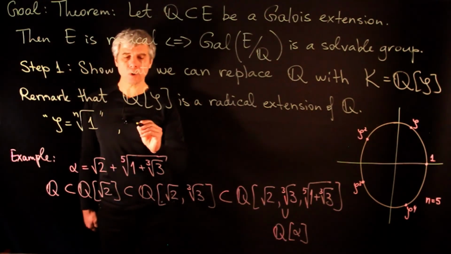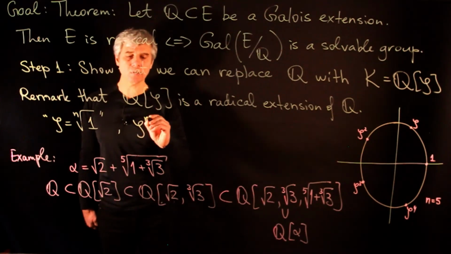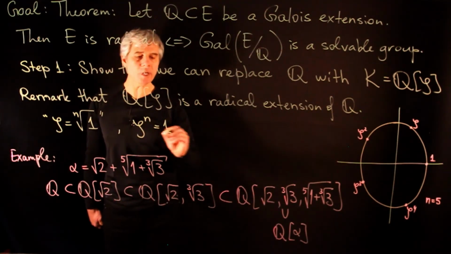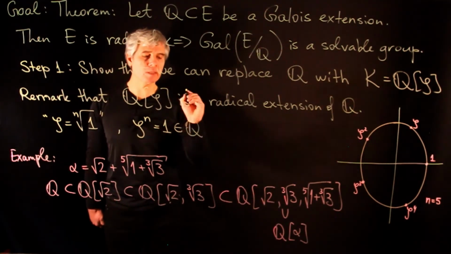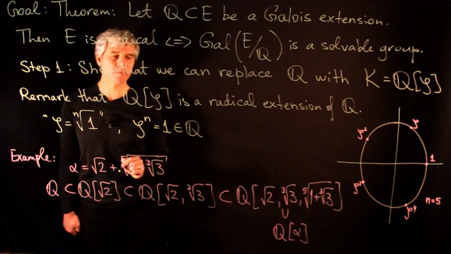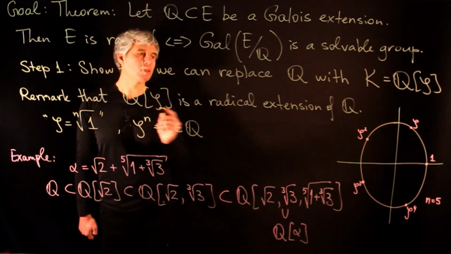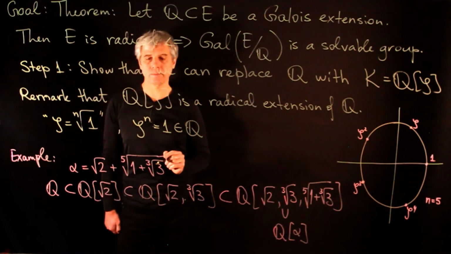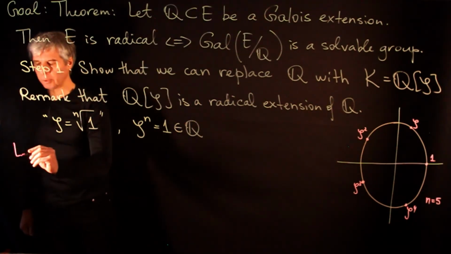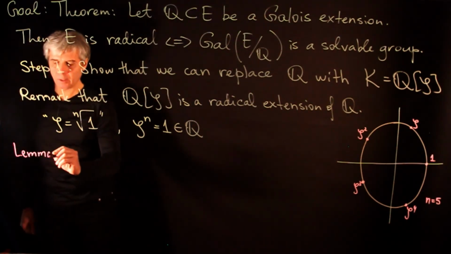Or more formally, we can write that zeta to the power n is equal to 1, which is an element of rational numbers. So by definition, this is a radical extension of Q. Next, we have the following simple lemma.